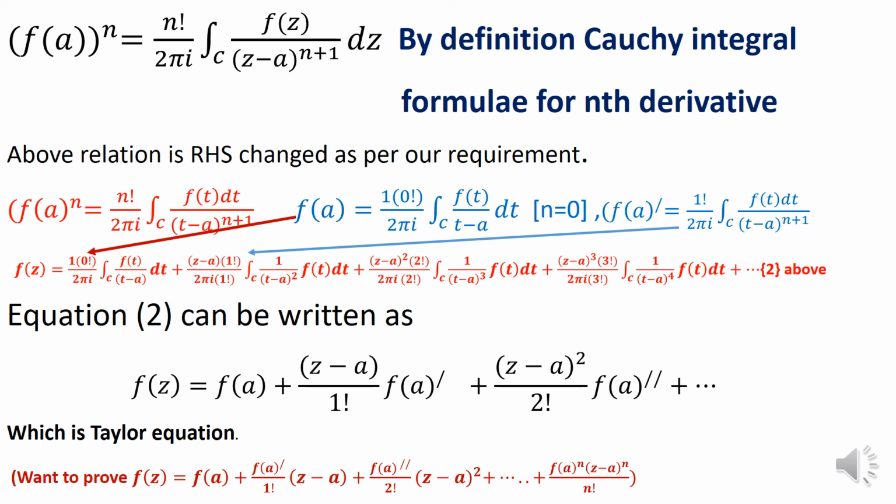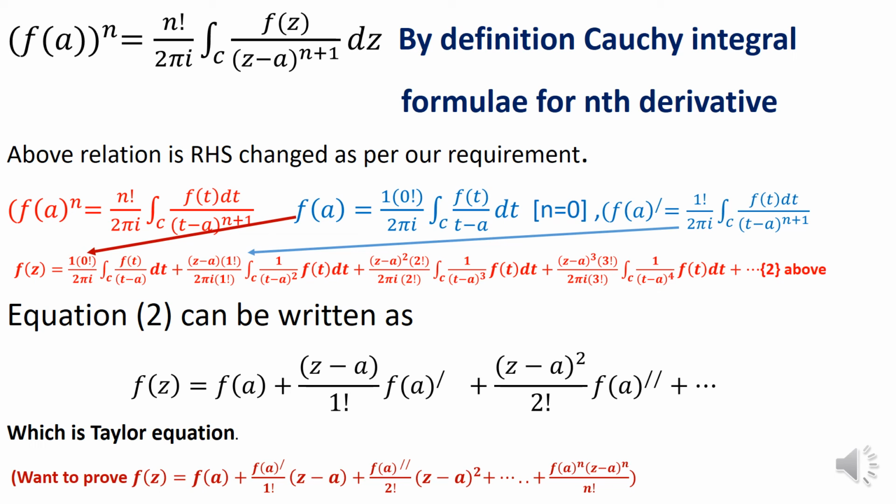So further what happens? This is (z minus a) as such common, 1 factorial, 2 pi i, right? That is this one. So what I want to say, if you see this part is f(a), basically this part, similar to that, you can see here. Similarly f'(a), that is similar to that, you can see here.